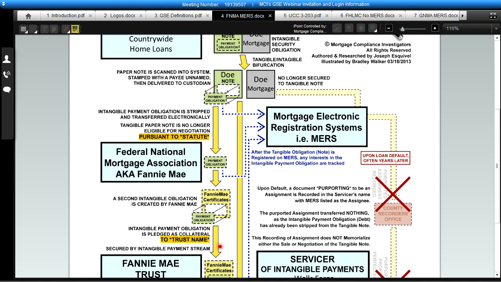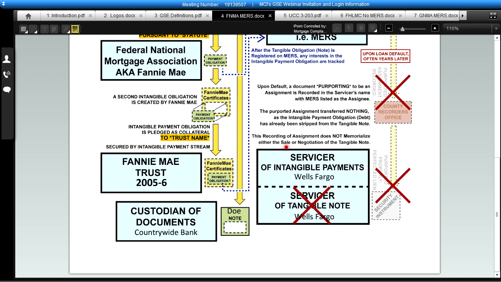It is not to be filled in with the name Federal National Mortgage Association. There is no assignment recorded into public. The servicer, okay, is the servicer of intangible payments.